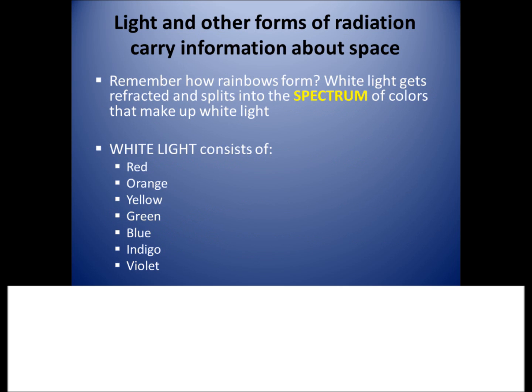Remember, visible light is the white light that is formed by a huge spectrum of different colors. If you recall, when white light hits a prism, it gets refracted and you can see the whole spectrum. It consists of red, orange, yellow, green, blue, indigo, and violet, and that is what forms the rainbow.